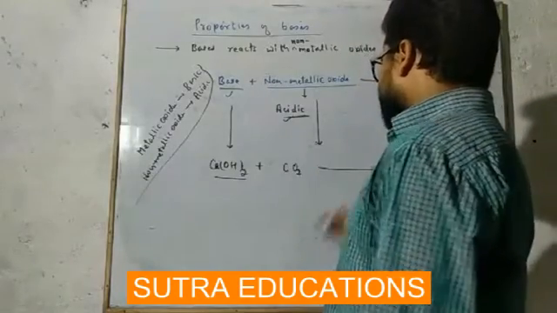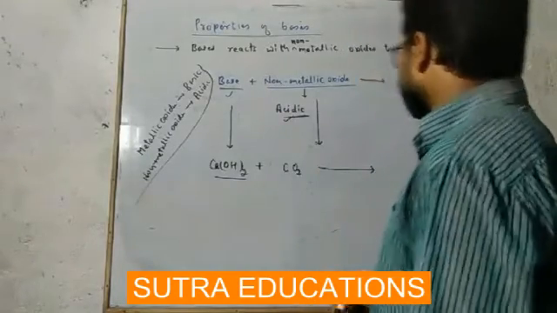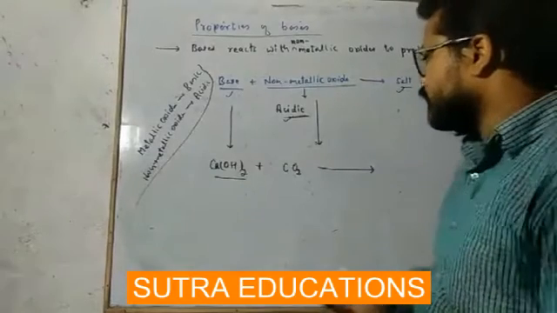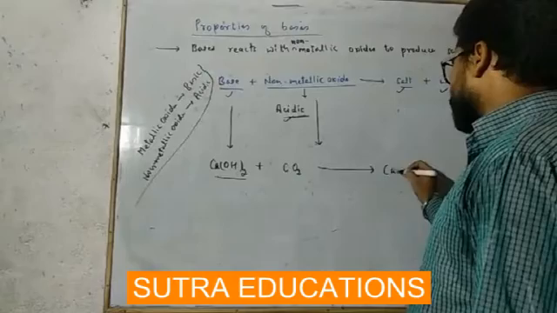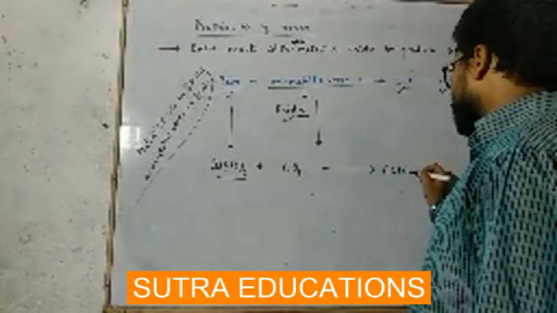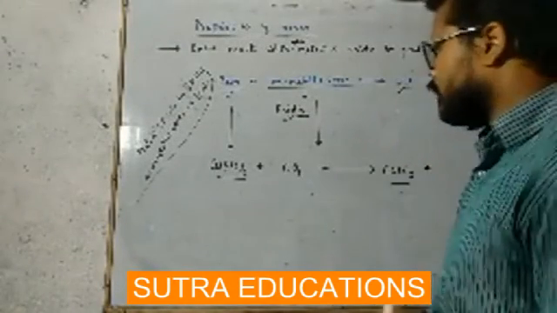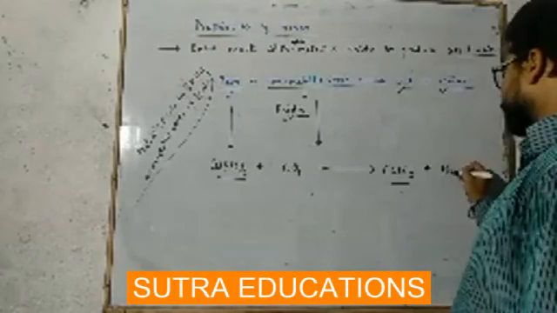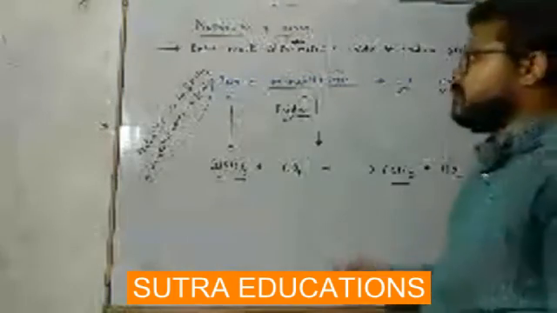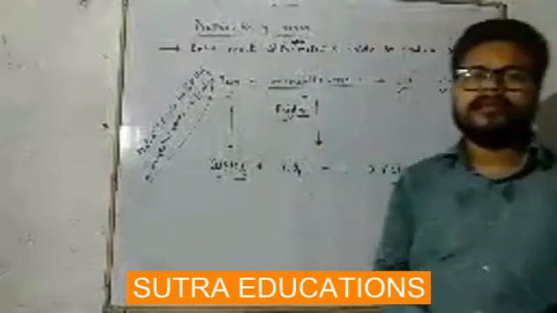Both will combine to form a salt, and along with it water will be produced. So we can say base reacts with non-metallic oxide to produce salt and water.